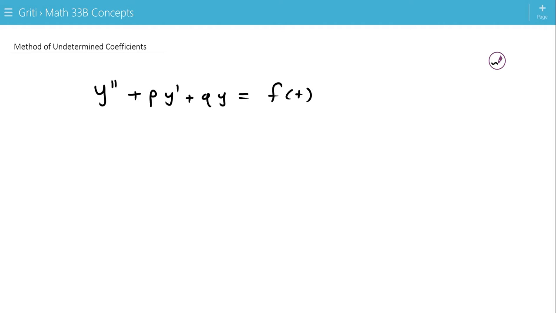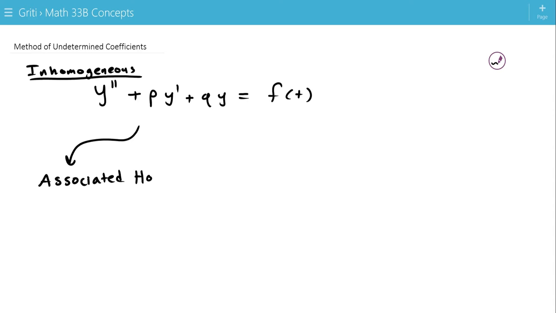And the way we do that is we look at the associated homogeneous equation. This is, first of all, an inhomogeneous equation.